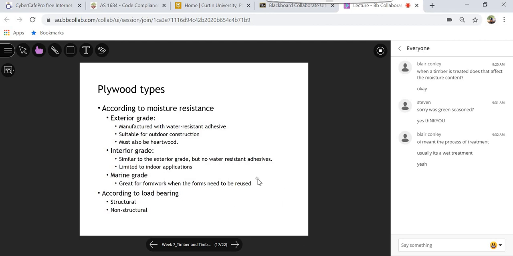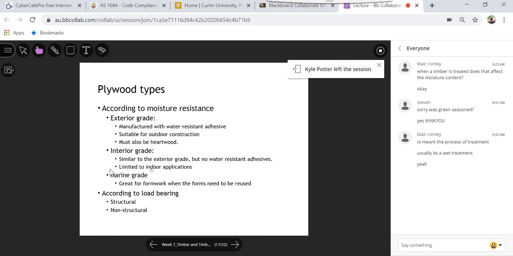According to the moisture resistance, we classify them as exterior and interior grade. Exterior grade is manufactured with water resistant adhesives, so because of that, they are good for outdoor construction. Interior grade cannot be used for outdoor constructions because it doesn't have moisture resistance.